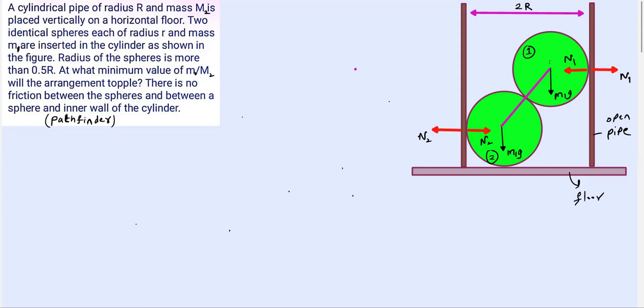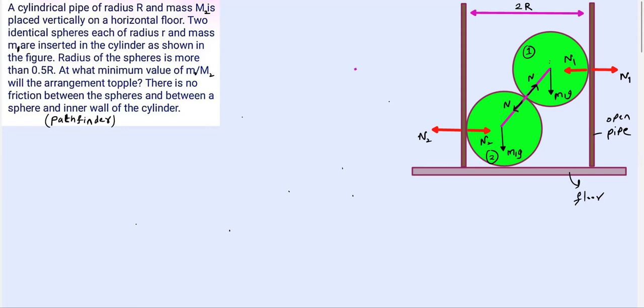Then there'll also be a normal contact acting between the spheres. Here, these two spheres are in contact. This will be the common tangent and this will be the common normal. The normal contact here I'll call N, and the normal contact on the second, lower sphere is also N.